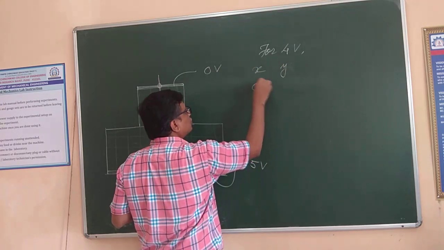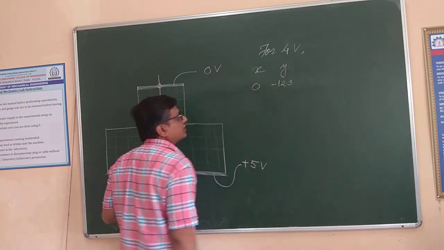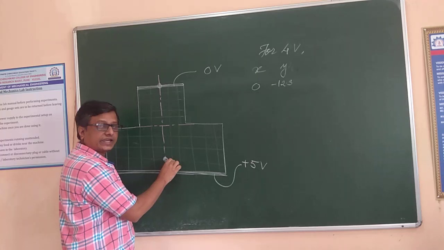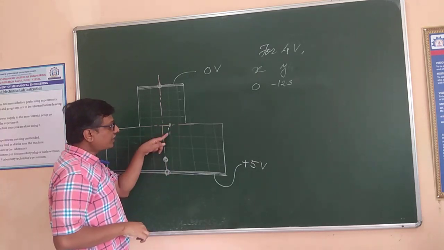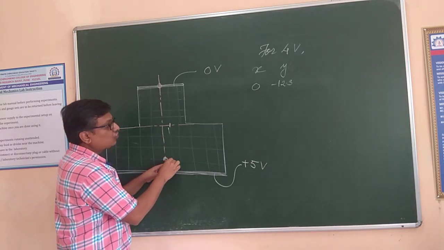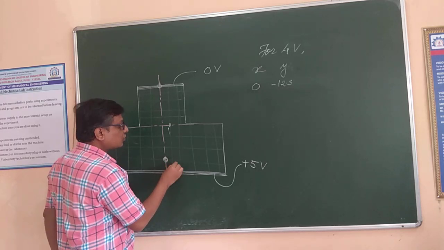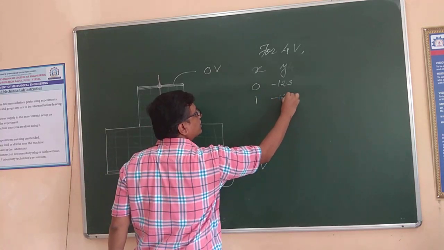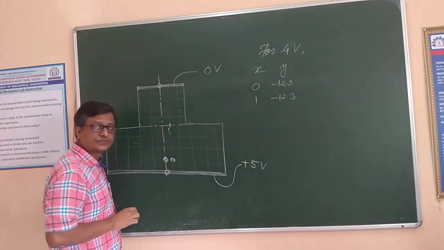The x coordinate over here is 0, and the y coordinate, as I told you in the first heading, is minus 12.3 centimeters or so. Next we moved a little to the right, so that the x coordinate is now 1. For x equal to 1, I am getting minus 12.3 as the y coordinate, where the potential is the same, that is 4 volt.